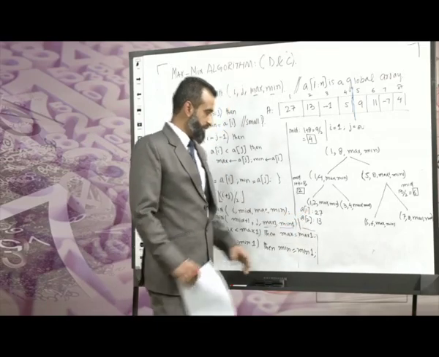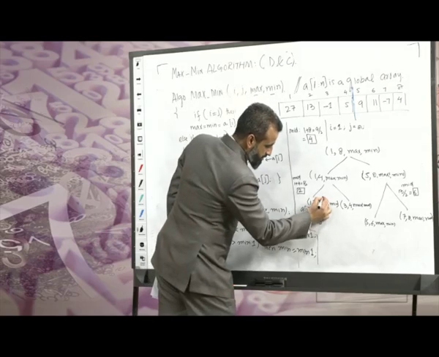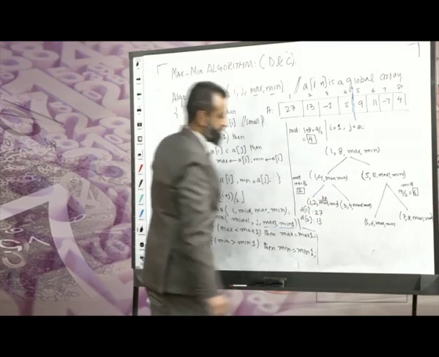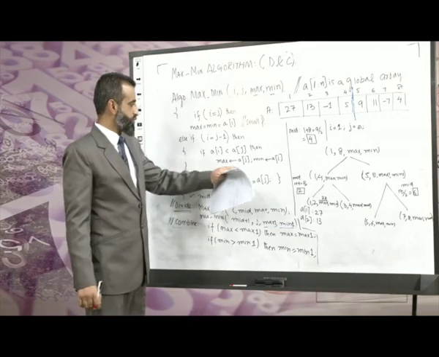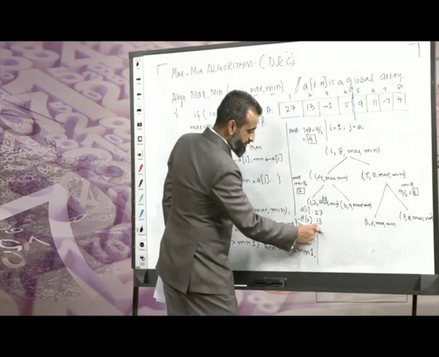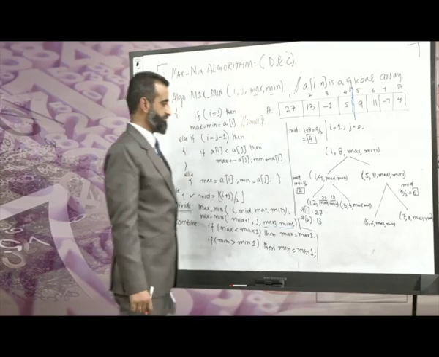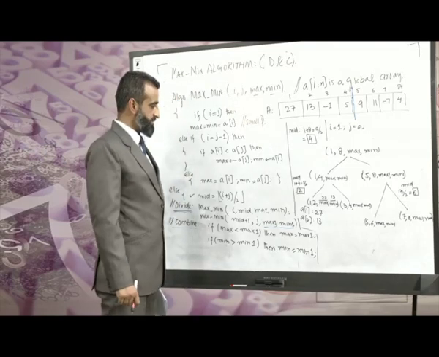So whatever I will do is that my max will now store a of 1, right? And my min is basically a of 2. We are done with one job.